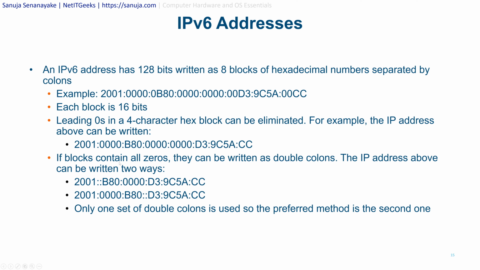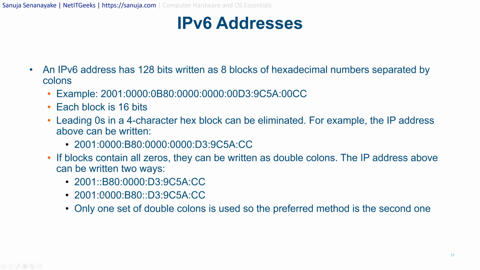So if a block contains all zeros, you can use those double colons to reduce the size of your IPv6 address writing, but it doesn't actually change the actual size of the IP address. It just changes the way you represent it.